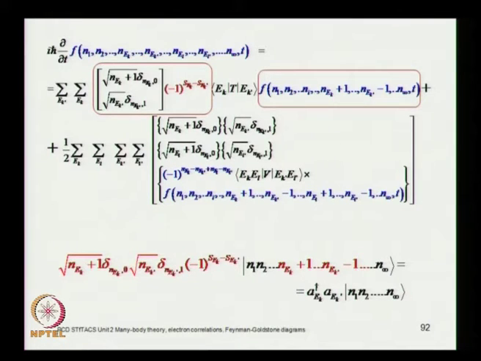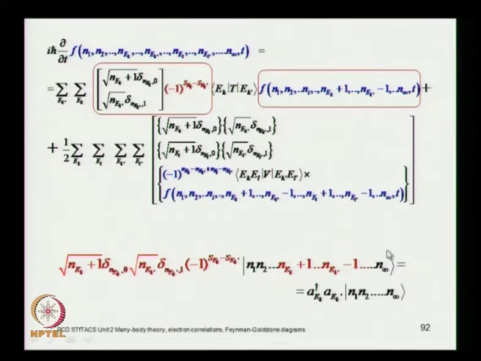So, this Kronecker delta would give you a 0 if E k prime was unoccupied, but when it is occupied you can destroy a particle from E k prime, and that would give you a new state in which the occupation number of E k prime would be 1 less, which is n E k prime minus 1. So, this state is completely equivalent to this state on the right hand side.